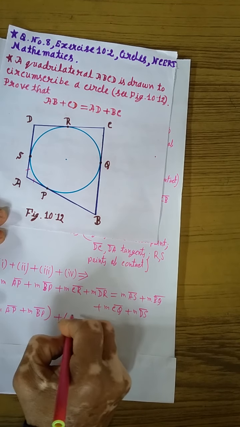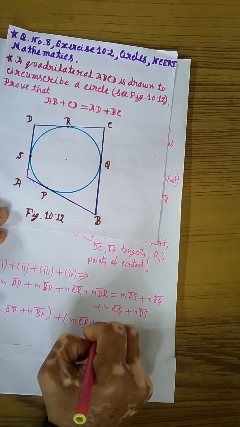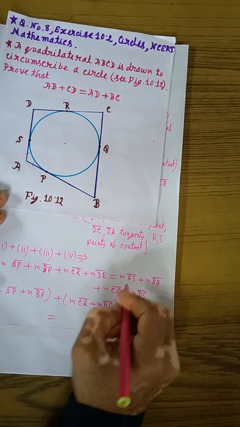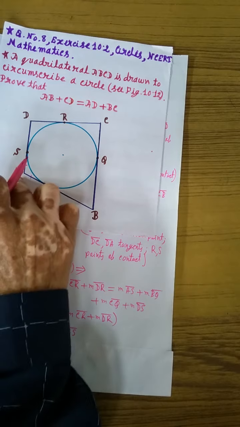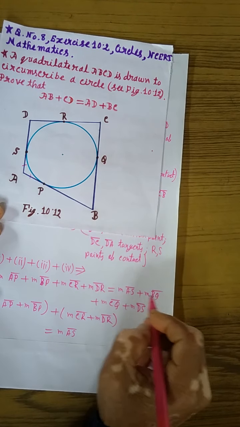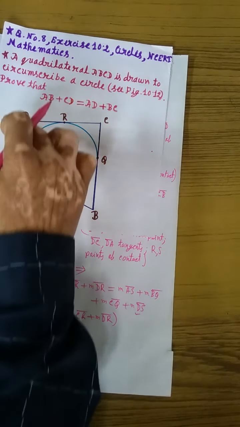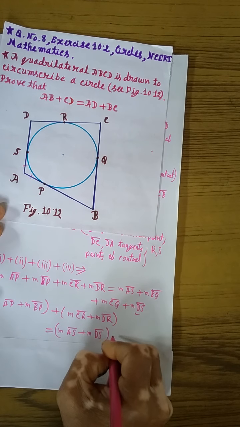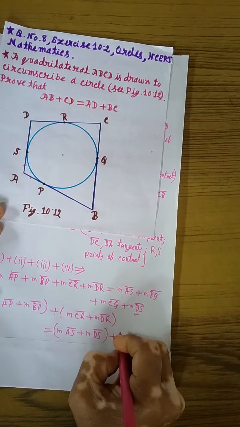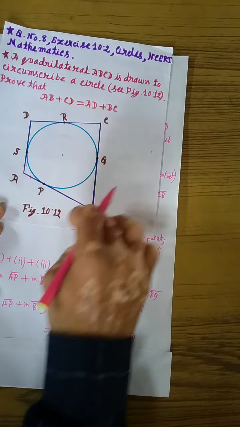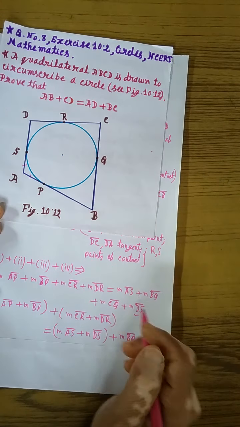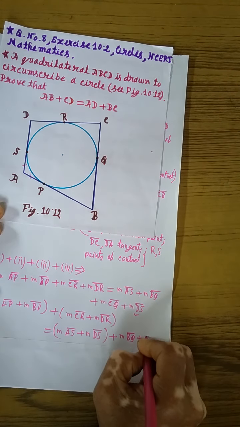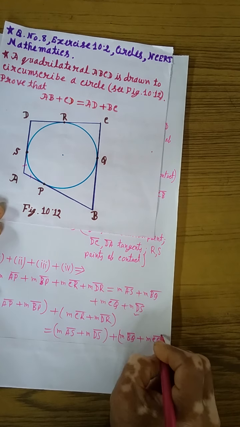On the right side, let us combine measure of AS plus measure of DS, and measure of BQ plus measure of CQ. Let us combine these two terms too.